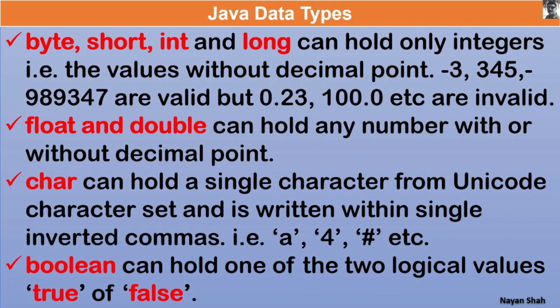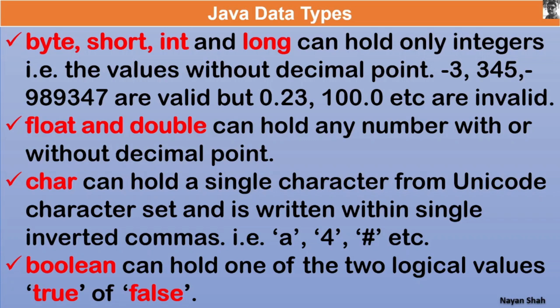Byte, short, int, which is pronounced as integer, and long can hold only integers, that is only whole numbers, numbers without a decimal point. For example, -3, 345, -9893447, and like this.